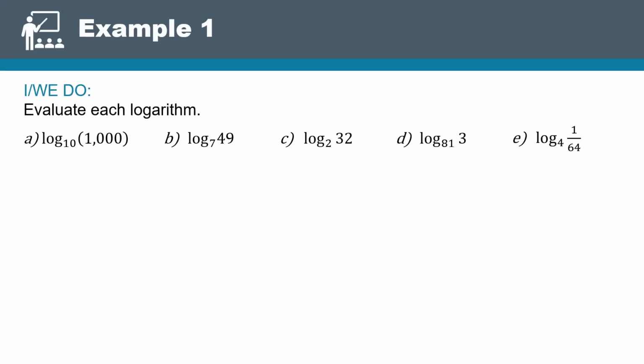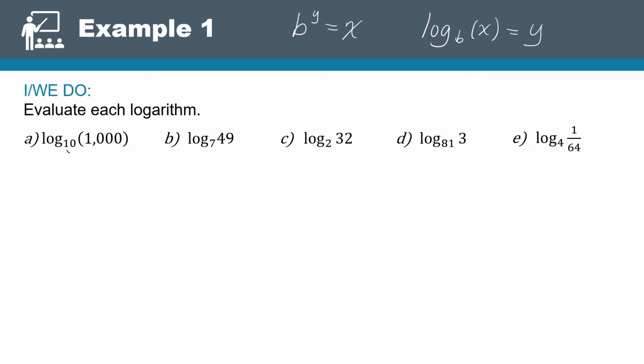Example 1. Evaluate the logarithm. A, log base 10 of 1,000. So remember, the form is b to the y power equals x, and then log base b of x equals y.